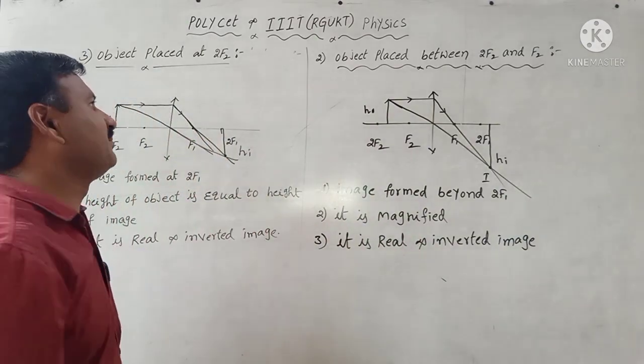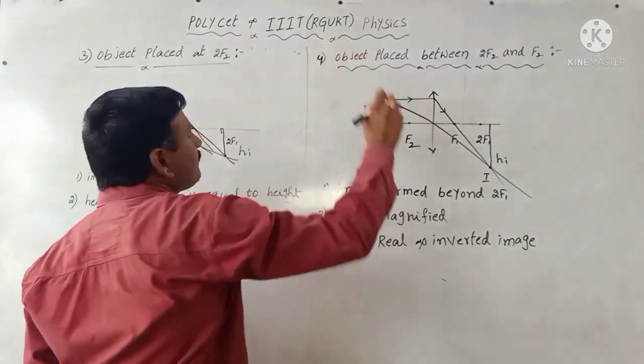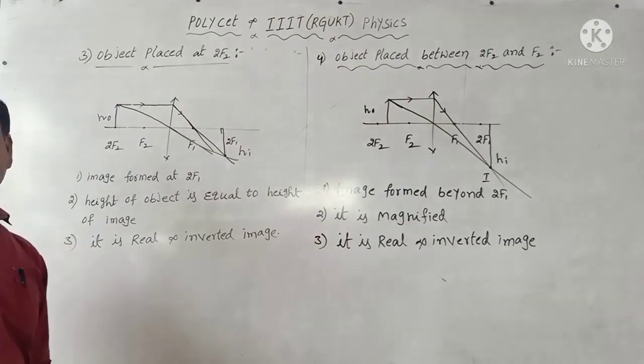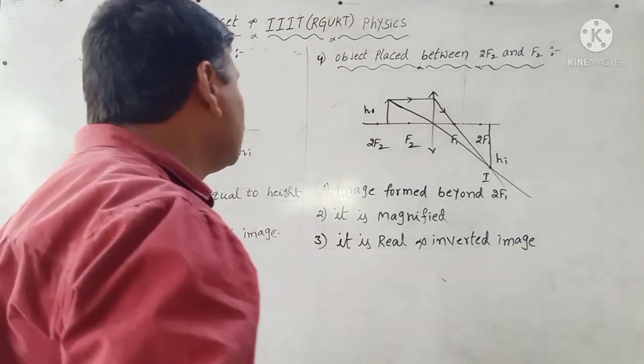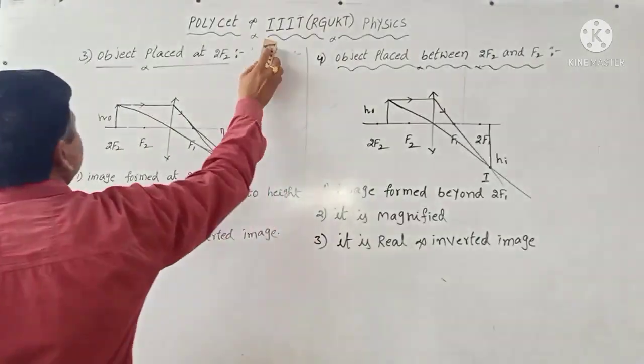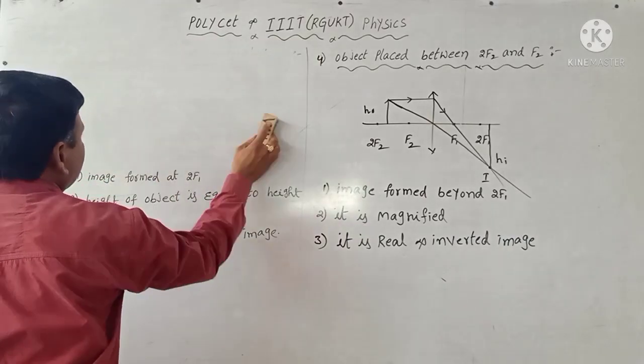So this is the object placed between 2f2 and f2. Now we go to object placed at focus.